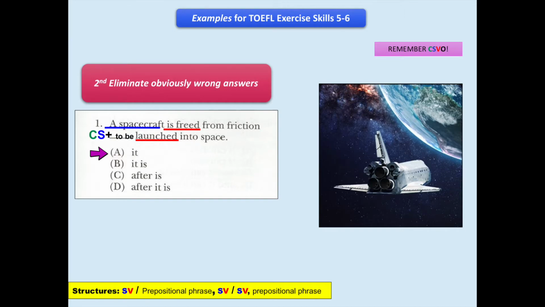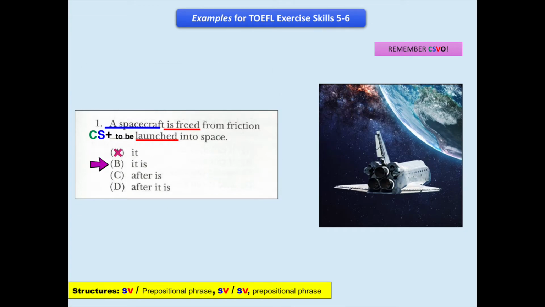There is no connector and no verb, so that is not the answer. Boy does not have a connector, so that is not the answer. Cat does not have a subject, so that is not the answer. Therefore, we know our answer has to be dog.